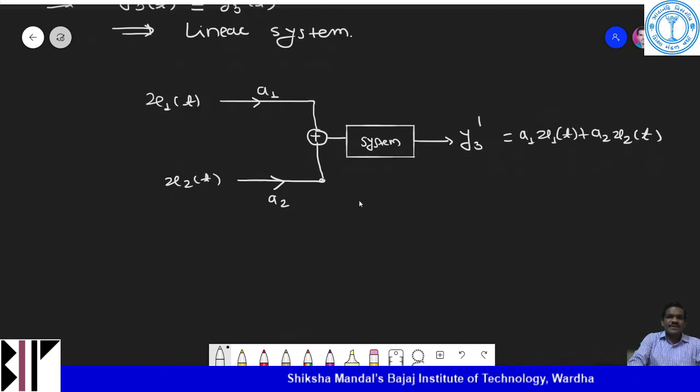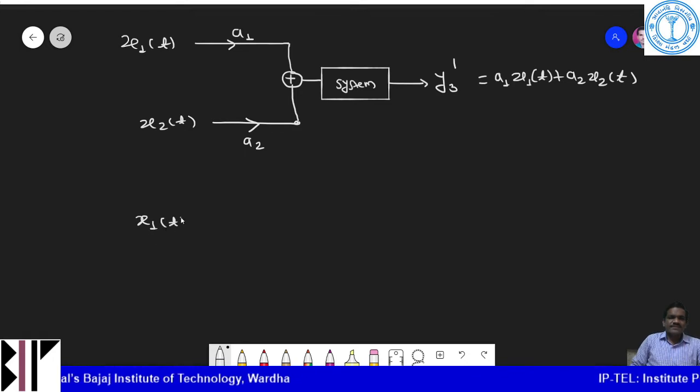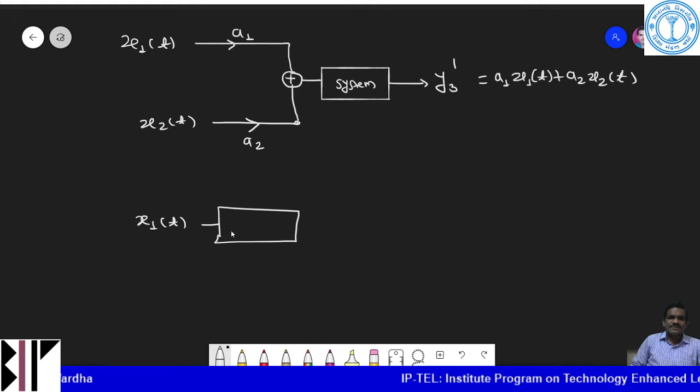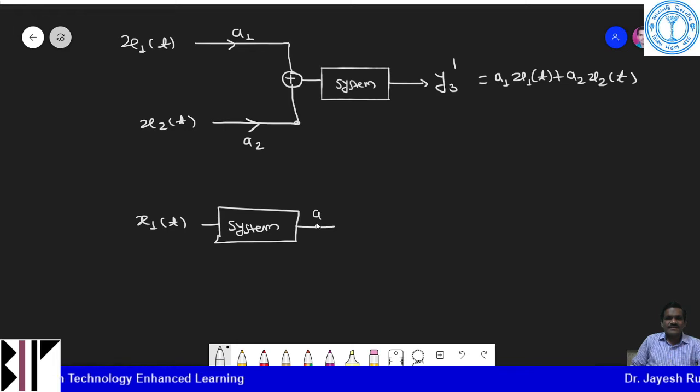Now in another system, we have x1 of t, and we pass this to a system. This is my system. The output is multiplied by a1.